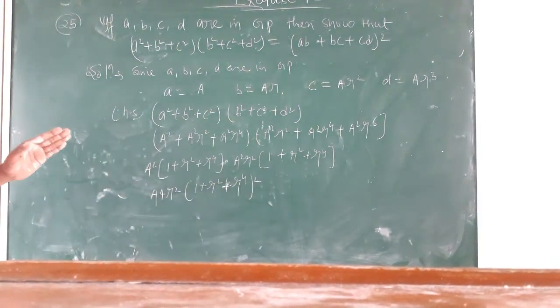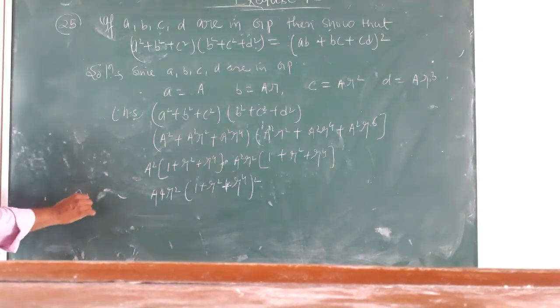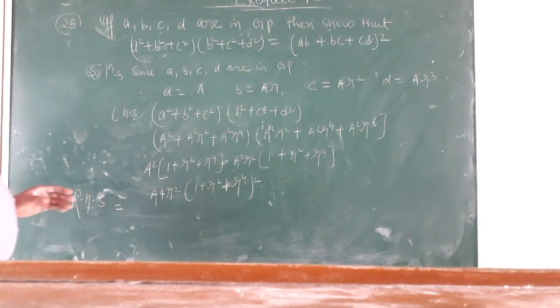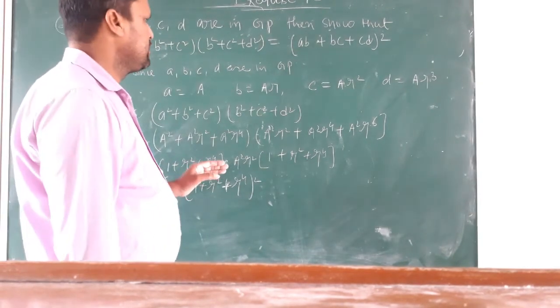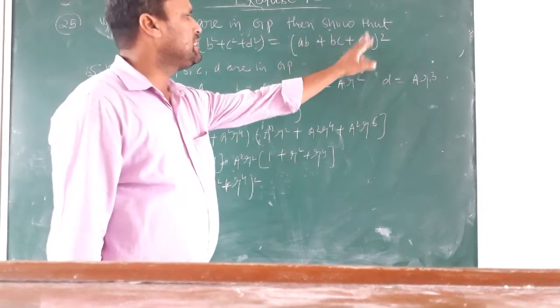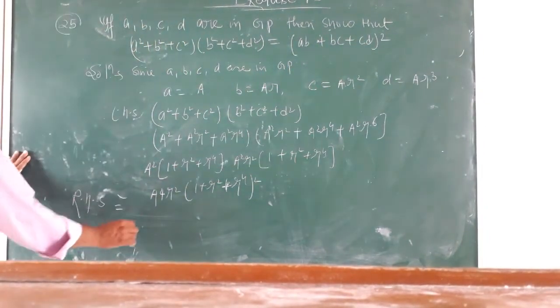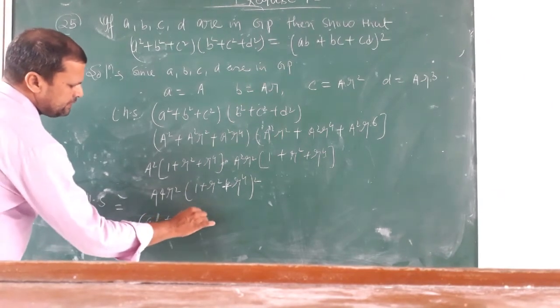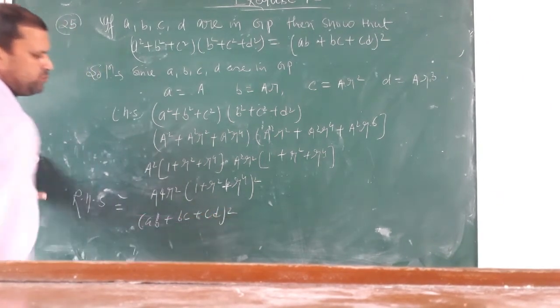When we take the RHS, the RHS means ab plus bc plus cd, whole square.